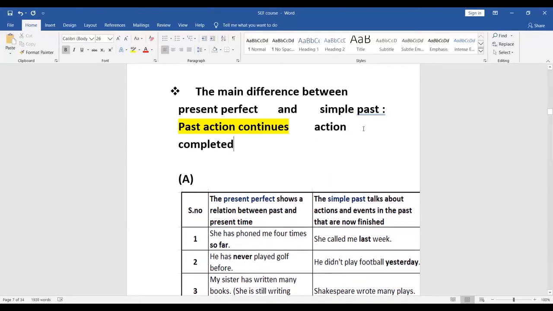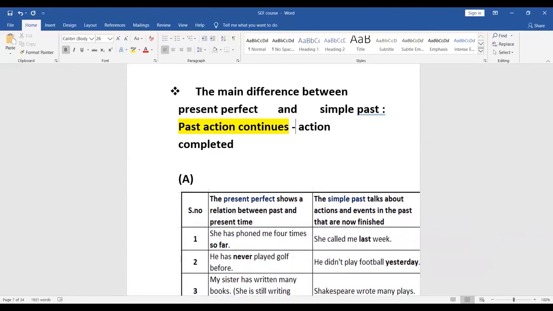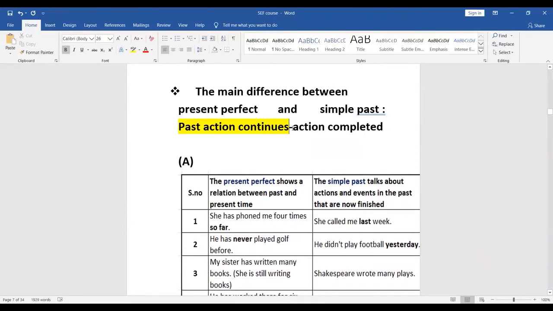For the simple past, the action is finished, completed. For the present perfect, the past action continues, whereas for the simple past, the past action does not continue. It is a completed action. Okay, so I hope you have understood that.